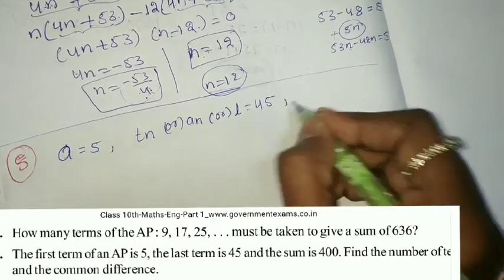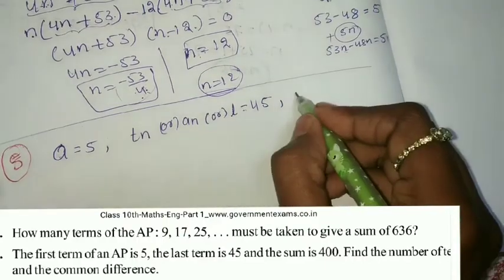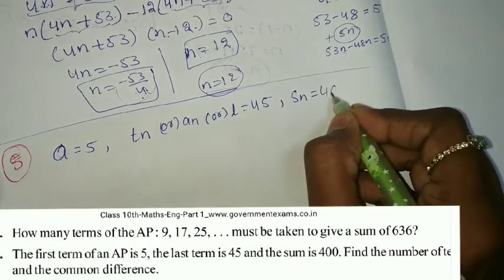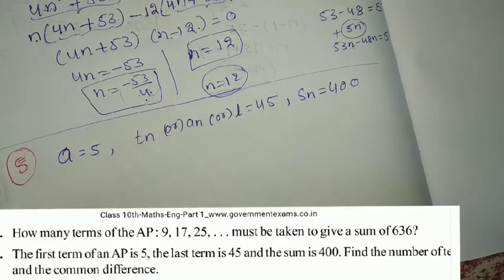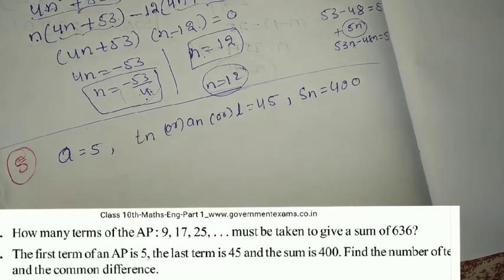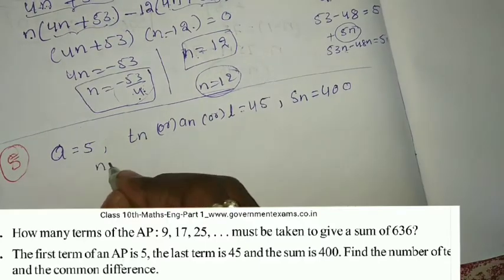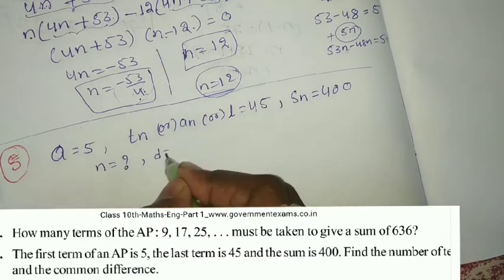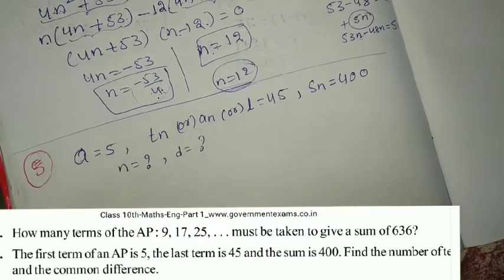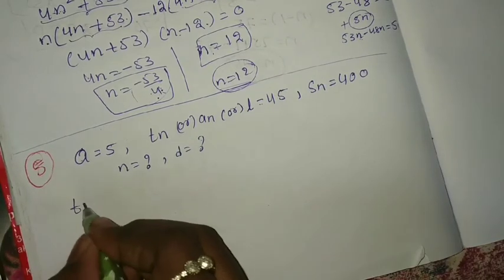Already they given in the question. And sum of these terms is Sn is equal to 400. And now what we have to find here? They ask to find n, number of terms, and common difference. So we need to find n is equal to question mark and d is equal to question mark. So let's find how we can do. What is term n here?